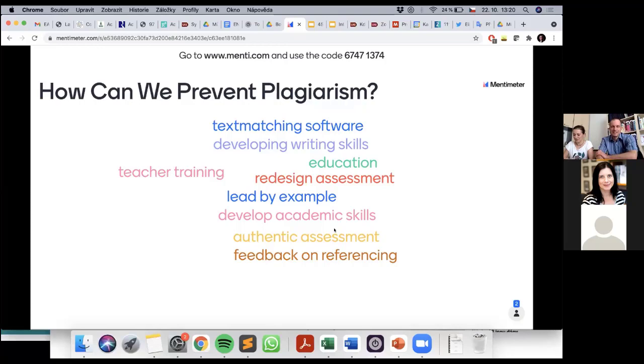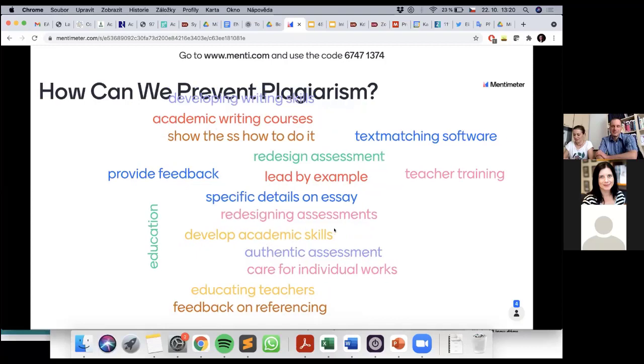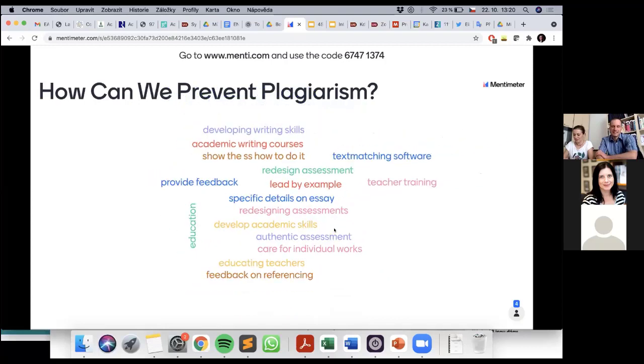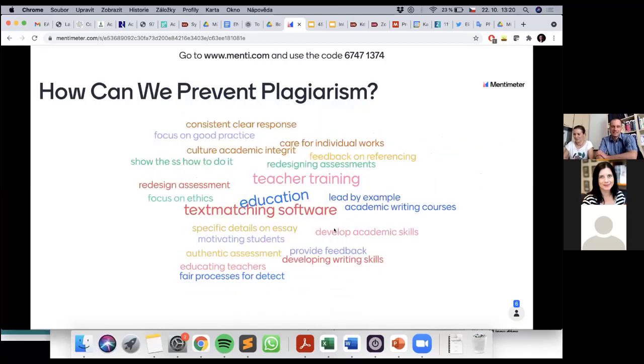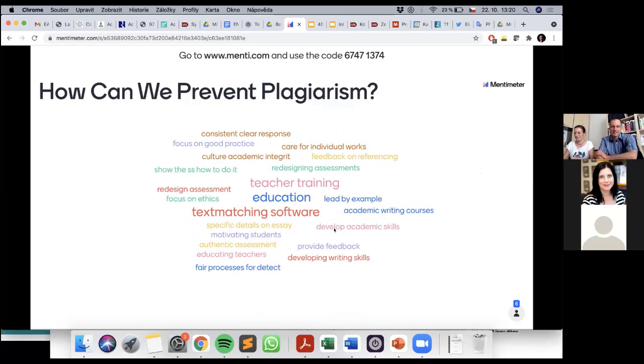Developing academic skills, authentic assessment, redesign assessment. Yeah, so ideas are kind of repeating here. Education, training, and text matching software are getting larger.